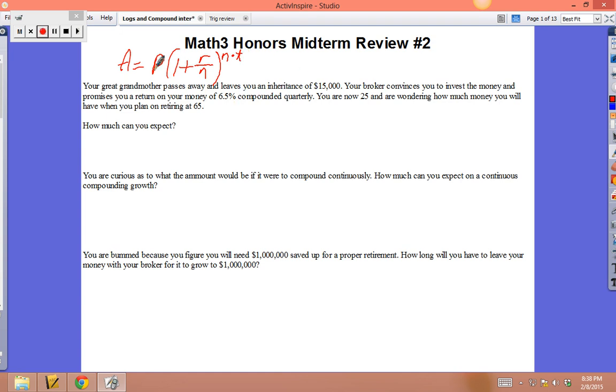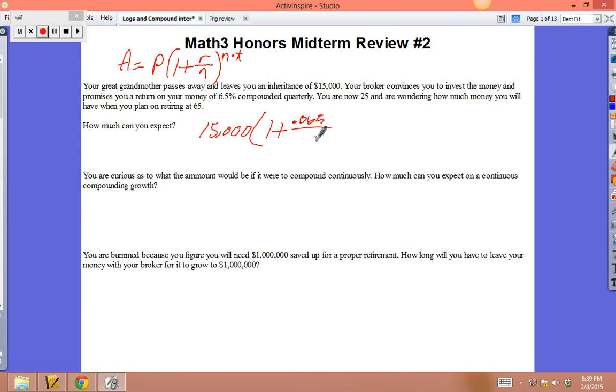So let's start with P, see if we can find P. P is how much you dump into the bank. That's going to be 15 grand. You're going to multiply that by 1 plus, okay, R is the interest rate you're going to get, 6.5. You need to change that to a decimal, so that's 0.065.